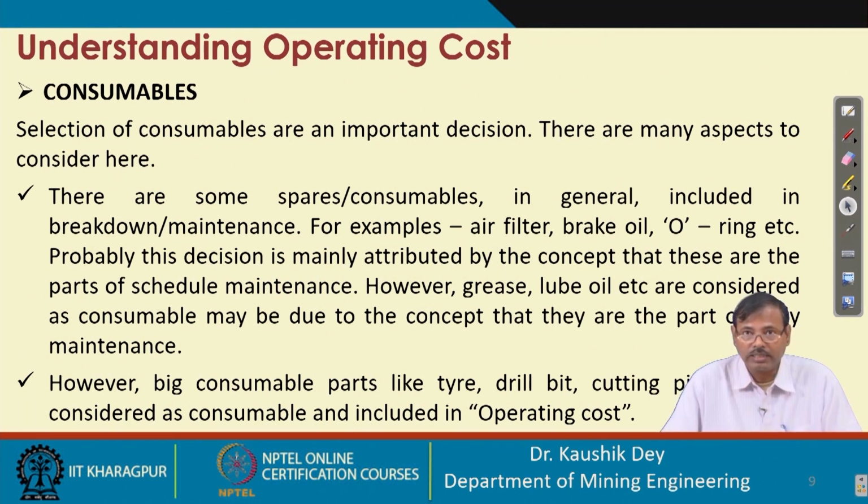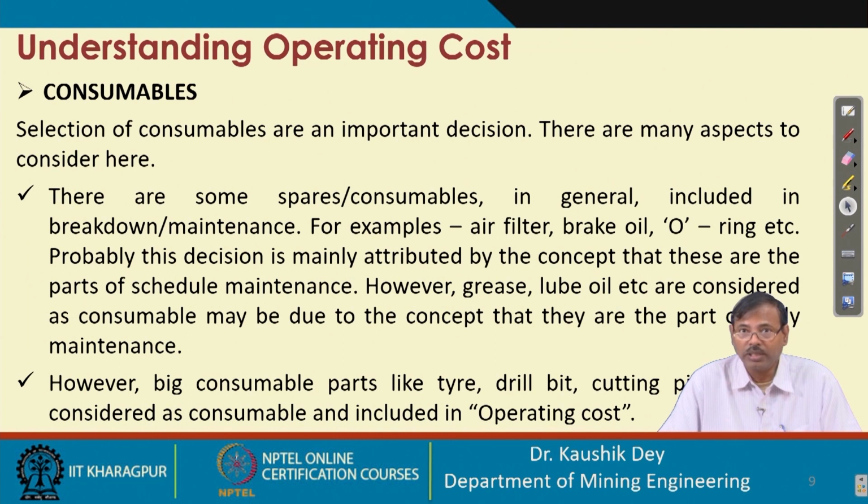Except breakdown condition, that is replaced, that is not the consumption, but in maintenance also there are some things which are replaced based on its consumption, or assuming that its life is over, it cannot run more. So, those are basically considered in the maintenance cost, not in the consumables.